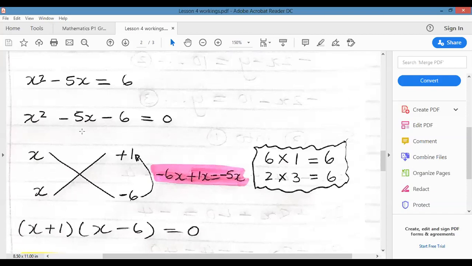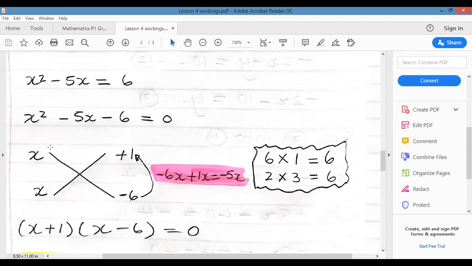Because my middle term is negative. If my middle term was positive, the other pair could work. But because my middle term is negative 5, I can say negative 6 and 1 gives me negative 5. So 2 and 3 won't work, but 6 and 1 will work.